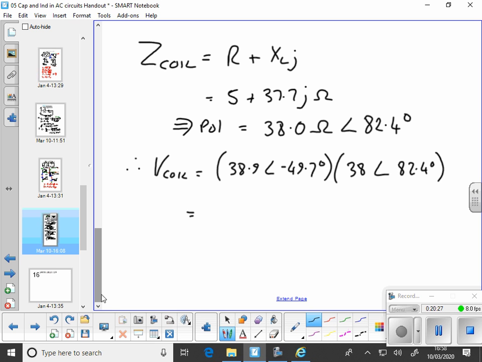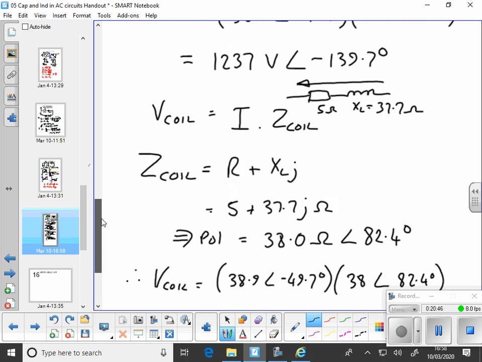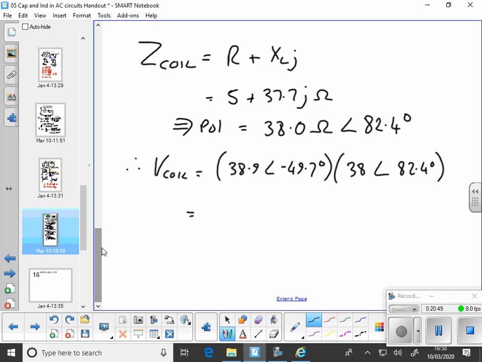So we multiply the two numbers together, 38.9 and 38, volts, angle minus 49.7 plus 82.4.